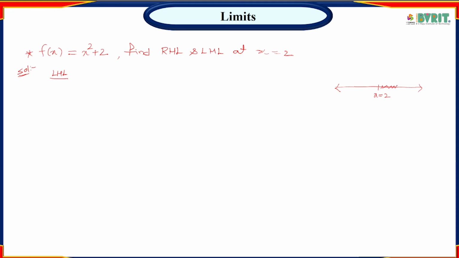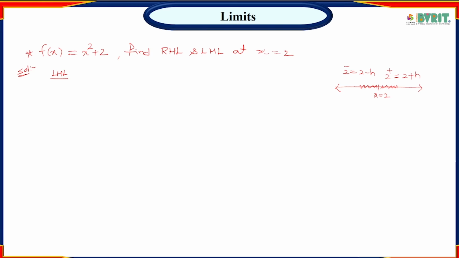On the right hand side it is 2 plus h, and on the left side it is 2 minus h. This is the right limit, 2 plus, and this is 2 minus, the left limit.